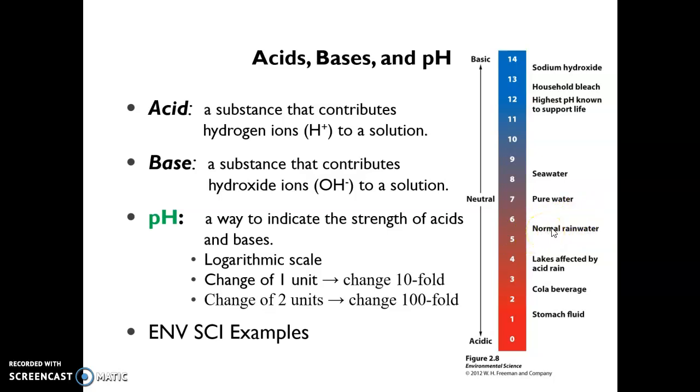But then as you add pollutants, they dissolve in water and make it even more acidic, and then it becomes acid rain, meaning it's rainwater, but it's more acidic. And you can see it's even more than 10 times more acidic than normal rainwater. And that has very detrimental consequences for plants, for rock material, for many, many things that we'll talk about in future chapters. Okay, so that's a wrap for this screencast.